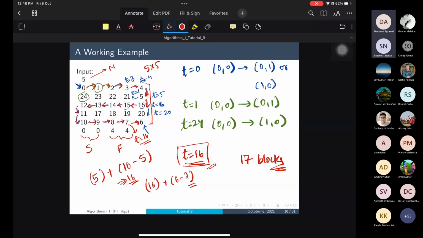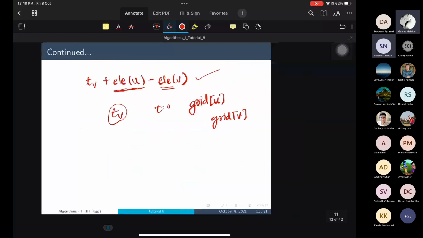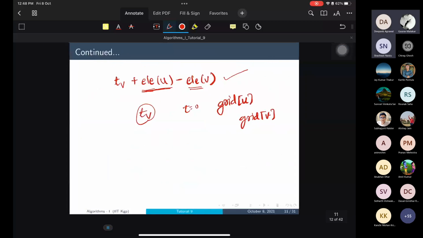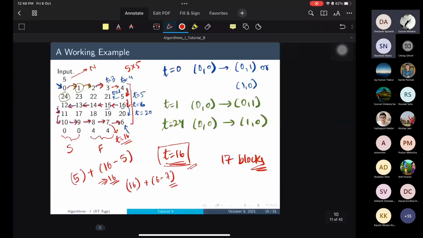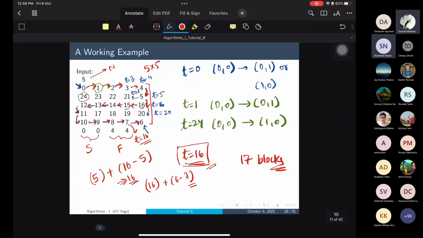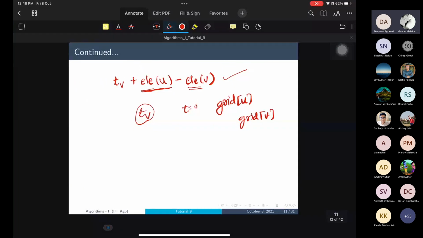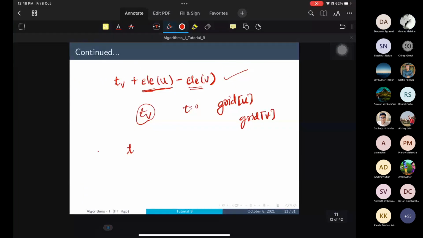But elevation would be max of time and grid elevation initially. So both would have become 16, right? So at 7 to 6, put it with max of TV, comma, initial elevation of U, right?